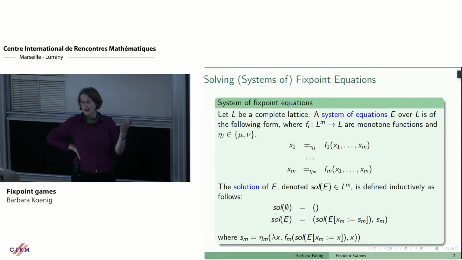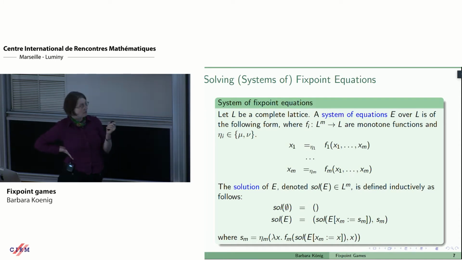But how do you get the Sm? The Sm you get as follows. You fix this last variable, and you call it x. You forget about the last equation, just as before. And then to this solution, which is an m-1 tuple, you add x. And then you have m arguments.